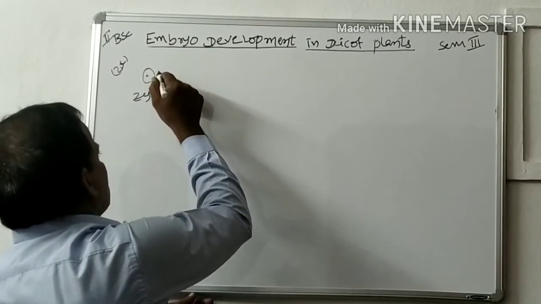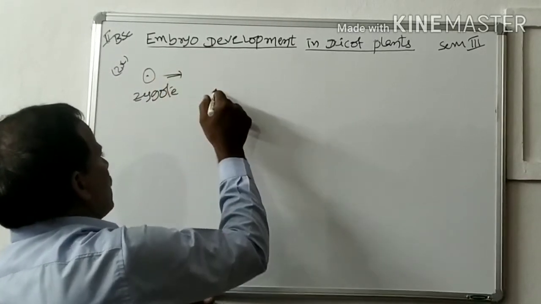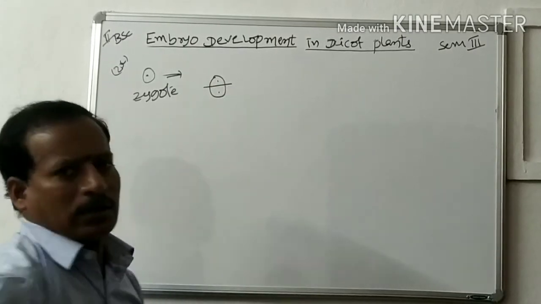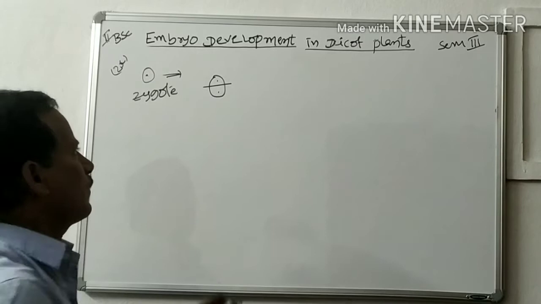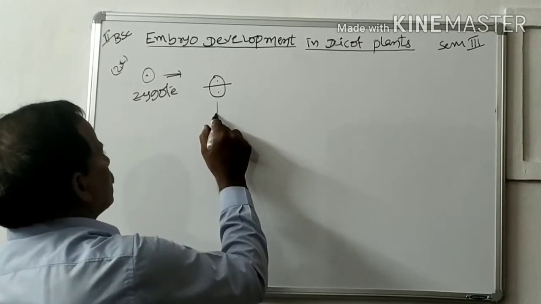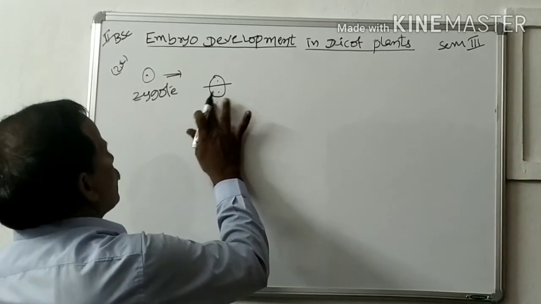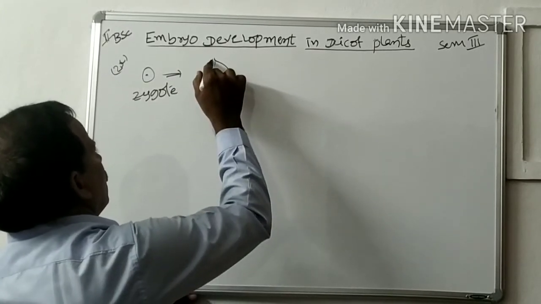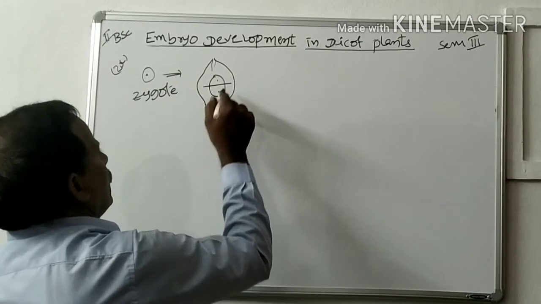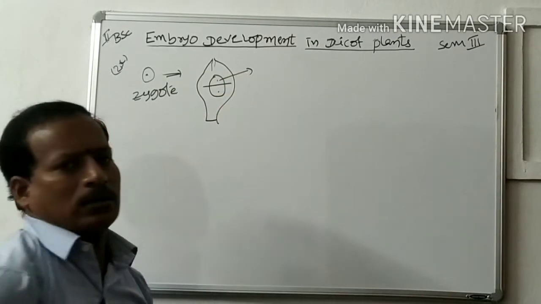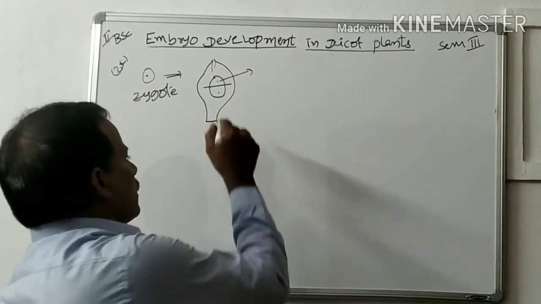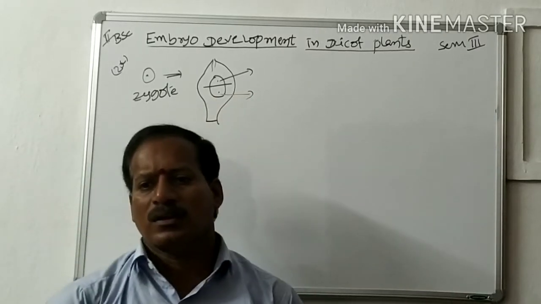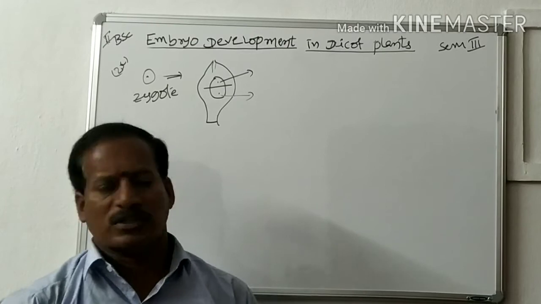The zygote is a single cell which divides transversely and gives rise to two cells. Okay, two cells in the ovule of the embryo sac.